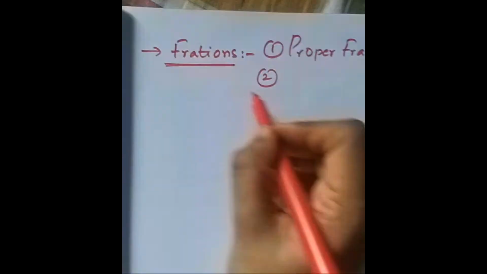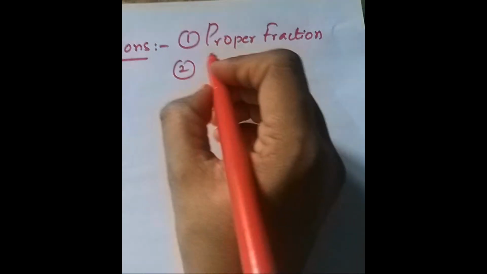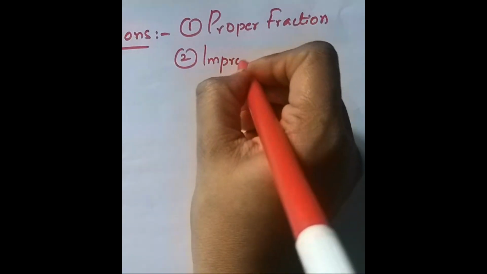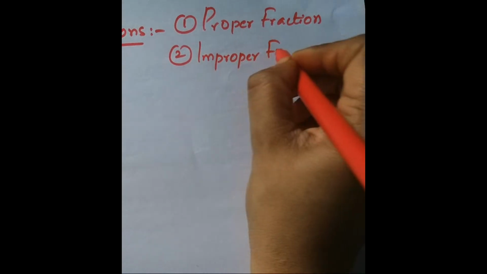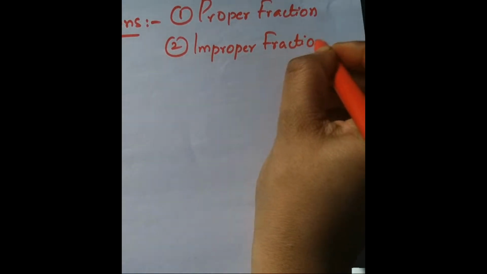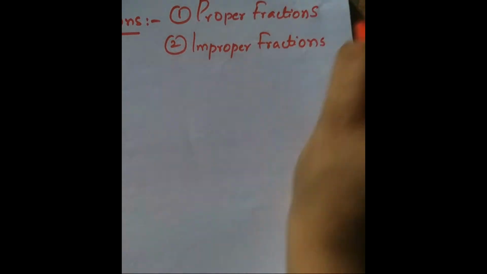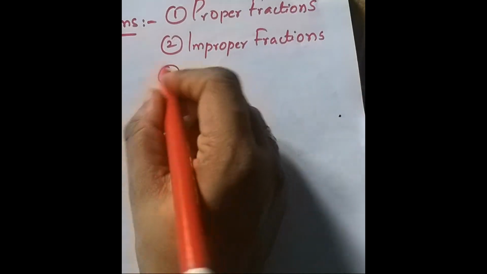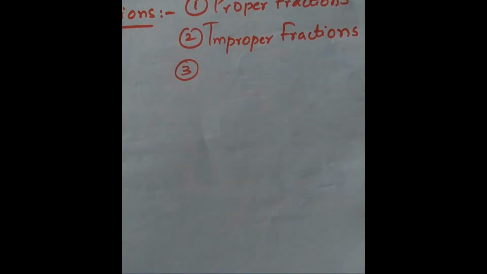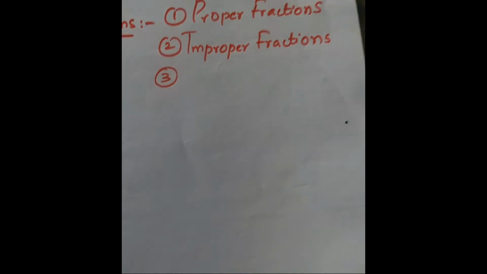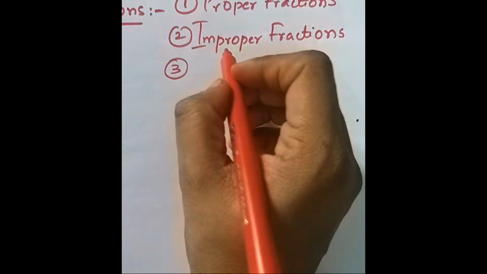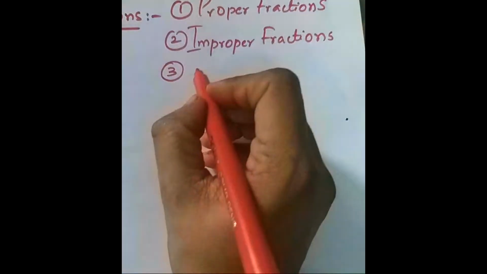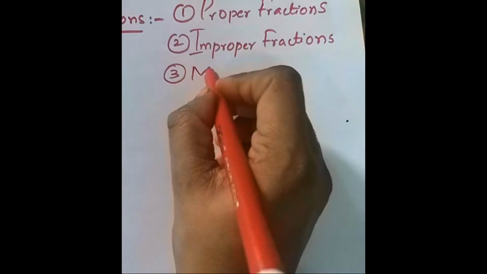Second one is improper fractions, and based on these types of fractions we have different problems in your textbook. Please do your problems for practice, children. Improper fractions, proper fractions, and mixed fractions.